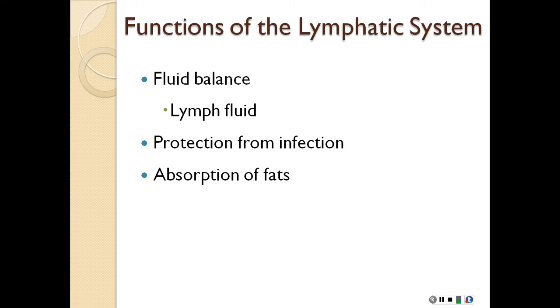As far as the functions, you all need to know these as the functions of the lymphatic system. But just like anything else, just memorizing those functions is not enough.